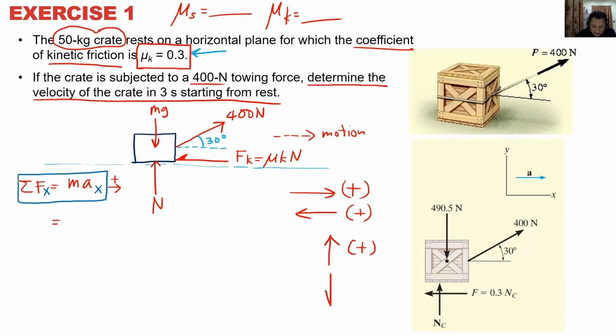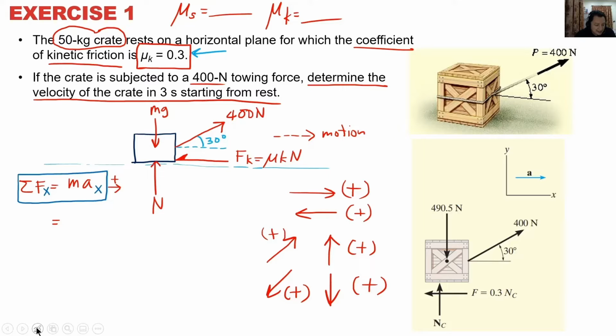If your box is traveling down, down is positive. For dynamics, we'll be using this convention: the direction of motion is positive. If your box is traveling this way, this way is positive. So you get the point, right?